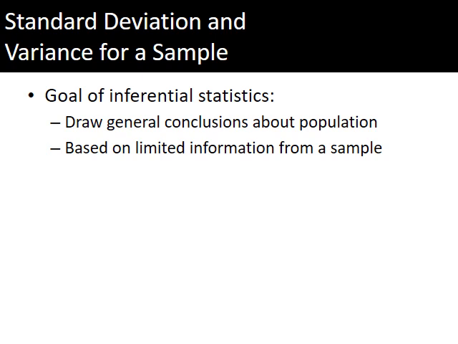And we don't have access to the entire population or the resources to query all of them. So we are going to be limited to a sample from the population. And the goal of inferential statistics is to draw general conclusions about a population based on the limited information we get from a sample, which is merely a subset of that population.